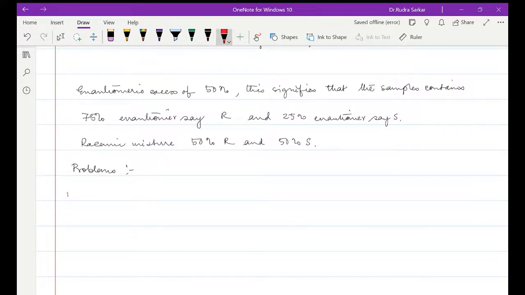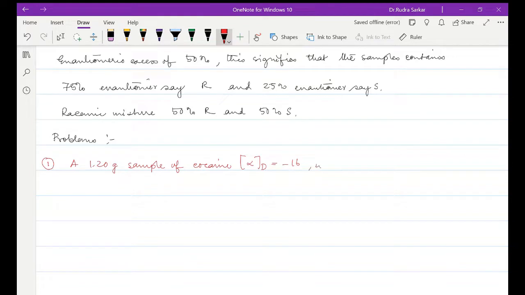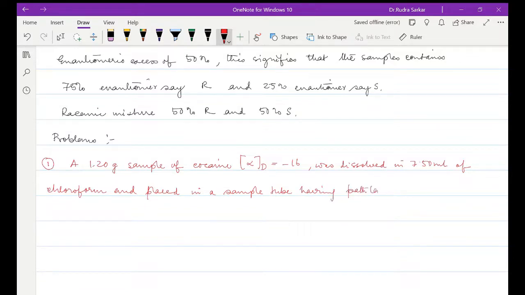So the first problem given over here is, suppose a 1.20 gram sample of cocaine, the alpha D is given to be minus 16, was dissolved in 750 ml of chloroform and placed in a sample tube having path length 5 centimeter.